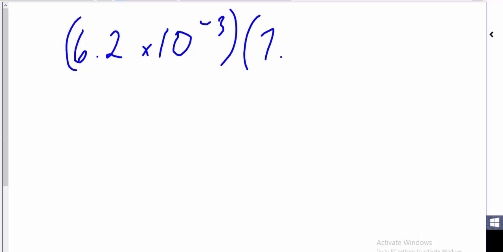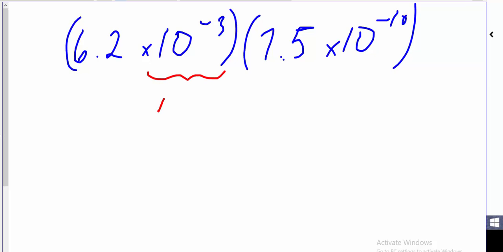So 6.2 times 10 to the negative 3 multiplied by, let's say, 7.5 times 10 to the negative 10. And what I just said about ignoring the exponent, recall that when a number is in scientific notation, this is not significant. You do not include that power of 10 as part of the sig figs.